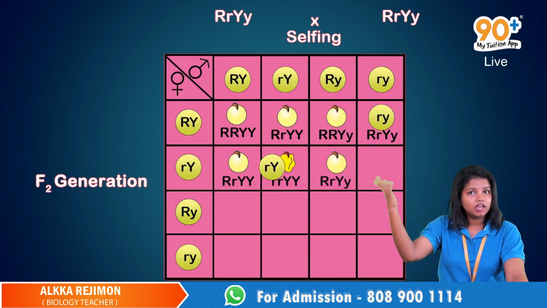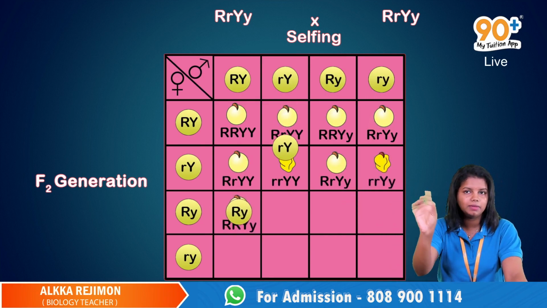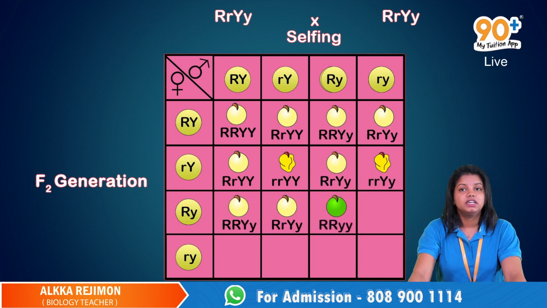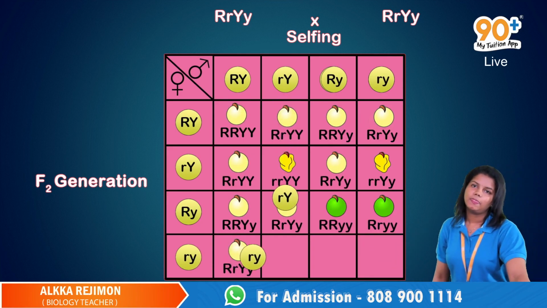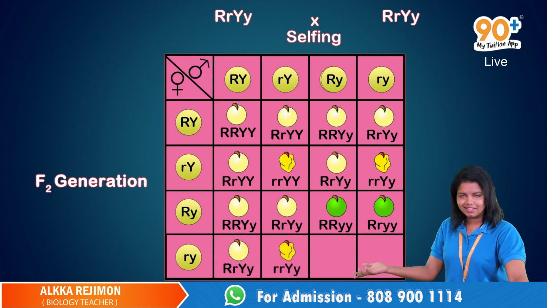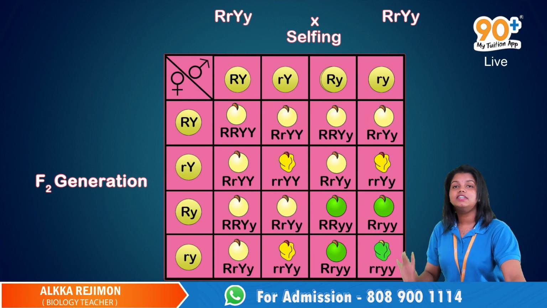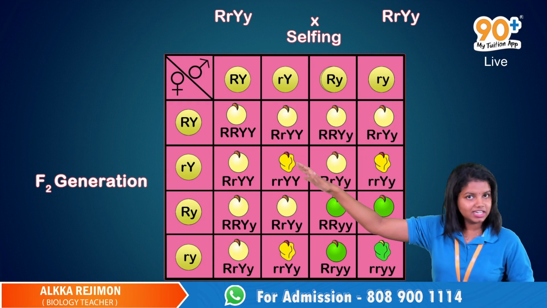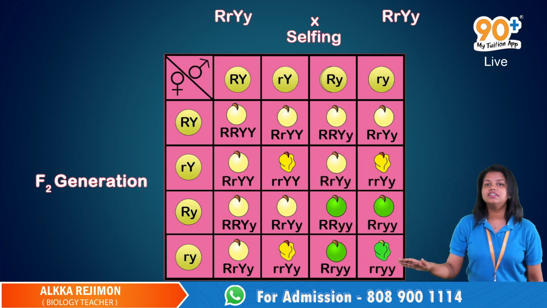So round yellow and wrinkled yellow are produced, noticing the shape and color of the seed. Then you can see round green produced, then wrinkled yellow, and a wrinkled green. So you can see round yellow here, wrinkled yellow here, round green here, and wrinkled green.